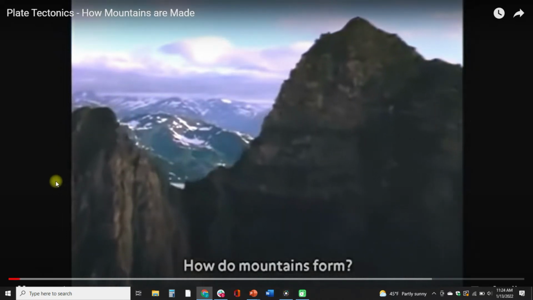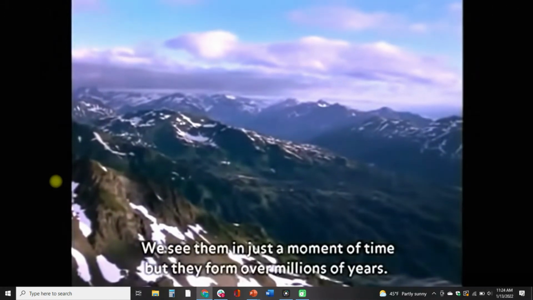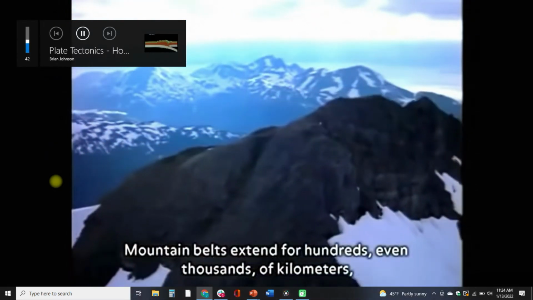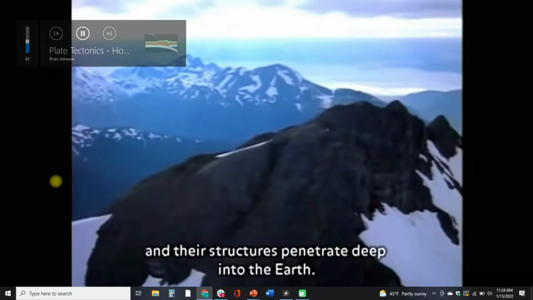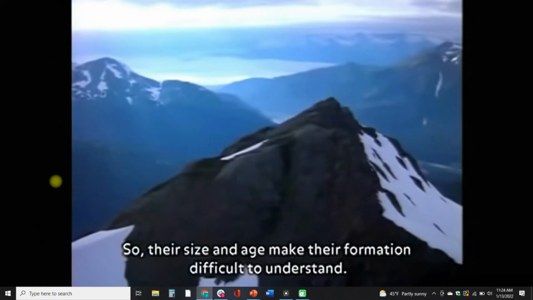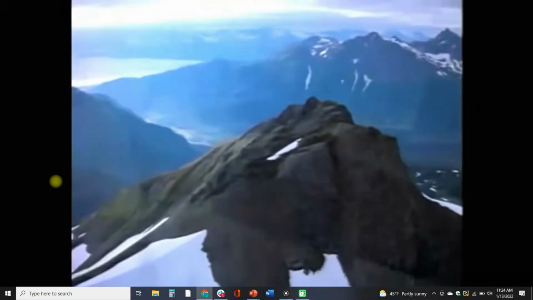How do mountains form? We see them in just a moment of time, but they form over millions of years. Mountain belts extend for hundreds, even thousands of kilometers, and their structures penetrate deep into the earth. So their size and age make their formation difficult to understand.